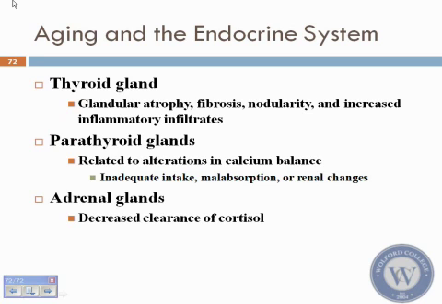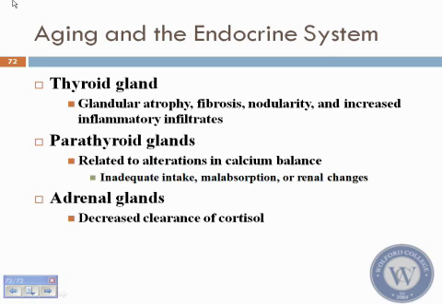Aging is important. If you take care of people, you have to understand that as people get older, these endocrine systems begin to break down and basically don't secrete enough hormones, and they don't respond as appropriately as in a younger person. As people get older, the thyroid gland develops atrophy, fibrosis, and increased inflammatory nodules. That's why you tend to see thyroid tumors usually occur around age 50 to 60.